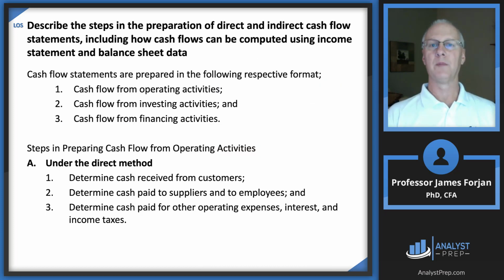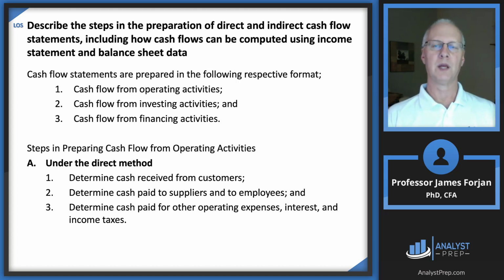Describe steps in the preparation of direct and indirect cash flow statements. All right, so this is what we're going to do. We're going to put together the operating activities, followed by investing activities, followed by the financing activities. So under the direct method, as we said earlier, we're going to determine cash received from customers, determine cash paid to suppliers and other stakeholders like employees.